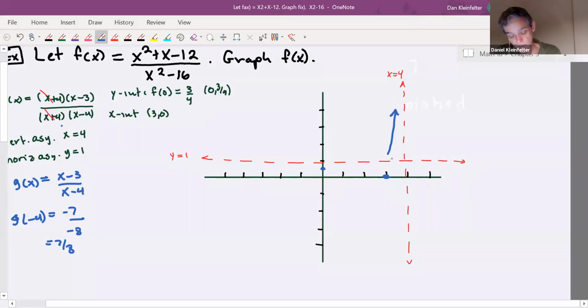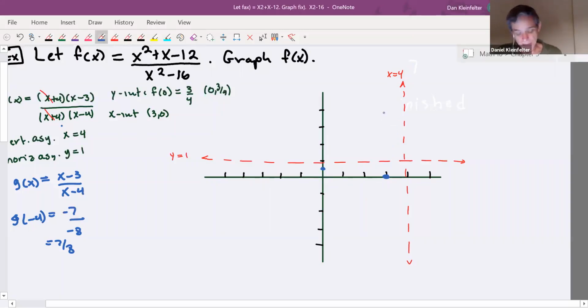If it's going to be going upward, then that means that it would have had to bounce off the x-axis at (3, 0), because it has to pass through its y-intercept at (0, 3/4). And if it was going to just bounce off at (3, 0), then this would have had to have been a zero of even multiplicity, and it's not. And so it can't behave that way.